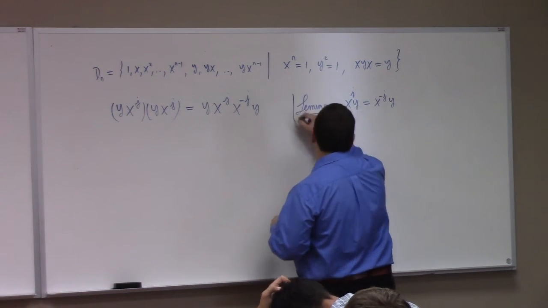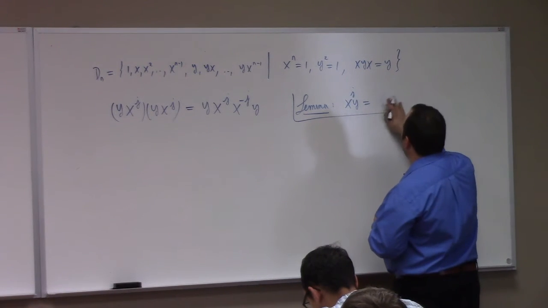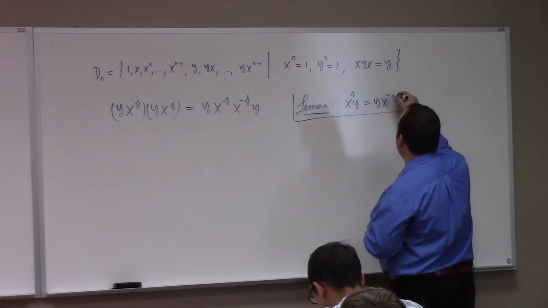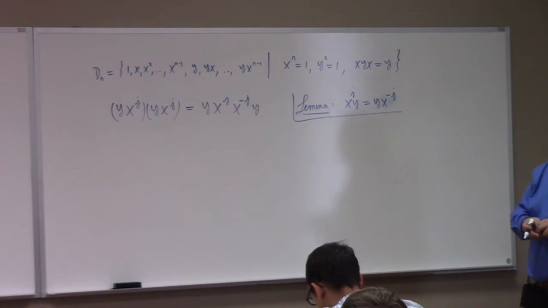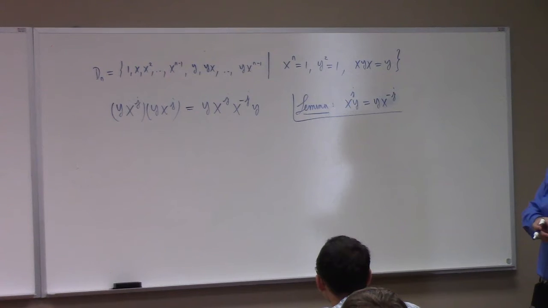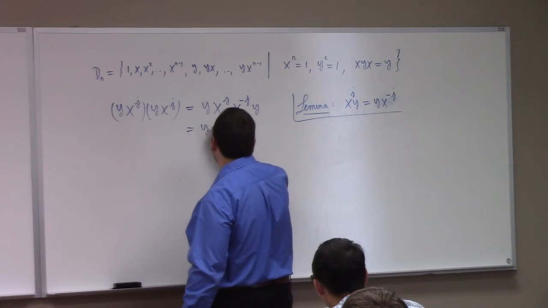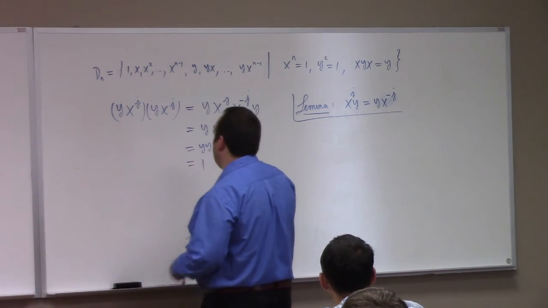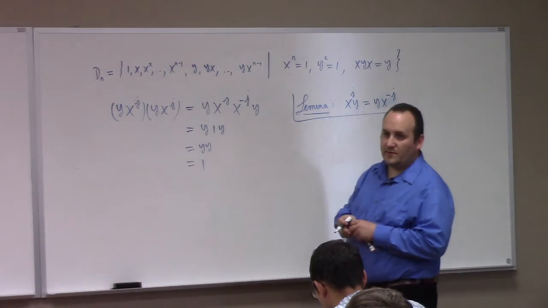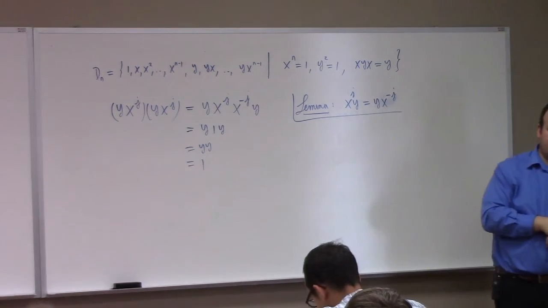Once you know that lemma, everything is pretty easy to calculate in here. So that shows that this has order 2 for arbitrary j. So there are n of those, with j ranging from 0 to n minus 1.